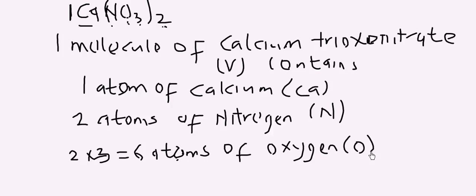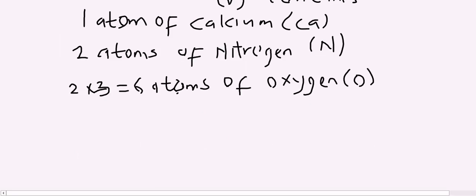So one molecule of calcium trioxonitrate 5 contains 1 atom of calcium, 2 atoms of nitrogen, and 6 atoms of oxygen.